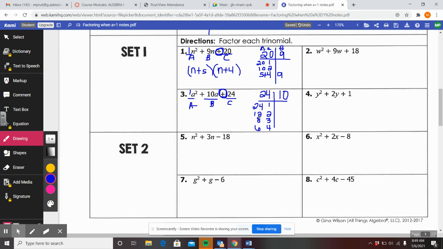So which one added together gives me 10? 6 plus 4. That's what gives me 10. So all I do is write my 2 parentheses, write my variable first, A and A. And then this is plus 6 plus 4.